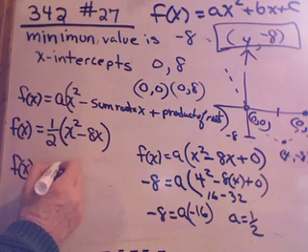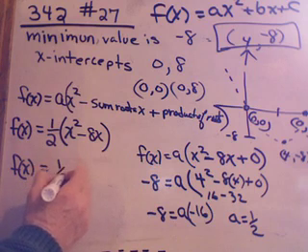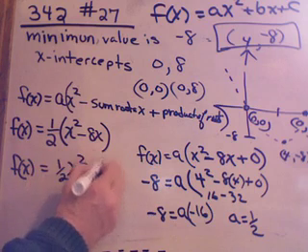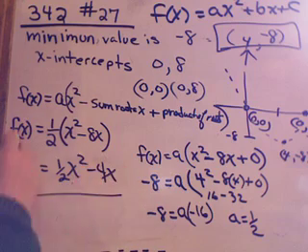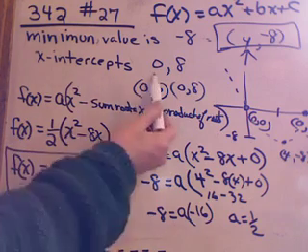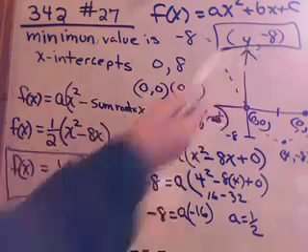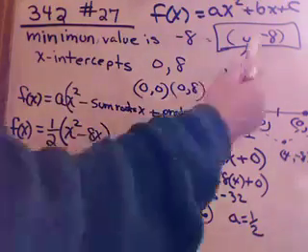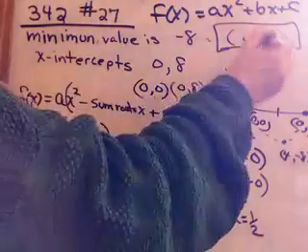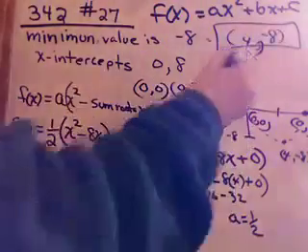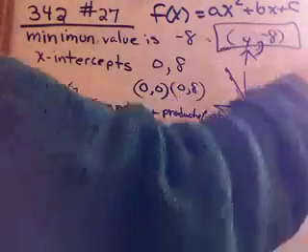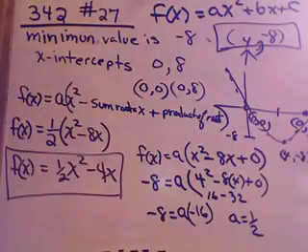Distribute the 1/2, and then I could have 1/2 x squared minus 4x as the equation that has those intercepts, has a minimum value of negative 8, vertex (4, negative 8), and that is the equation of this particular curve we were talking about. So hopefully that helps.